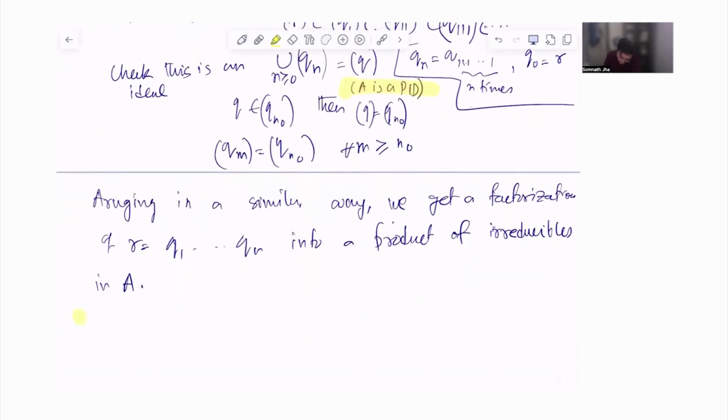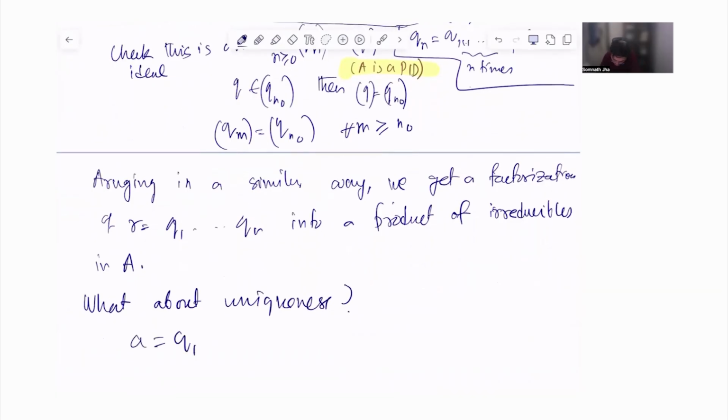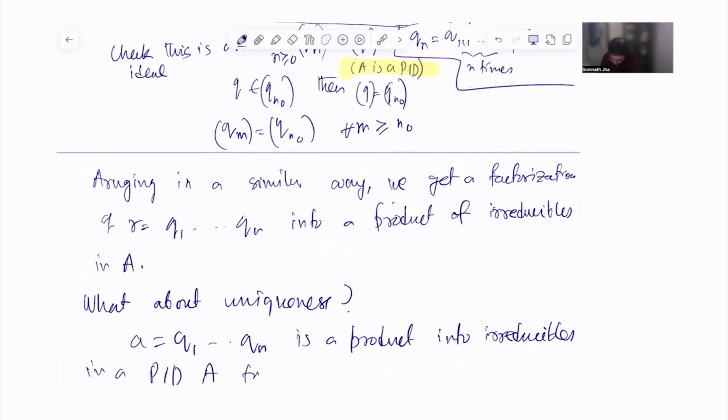And what about uniqueness? Suppose a equals Q1 through Qn is a product of irreducibles in a PID A, for a non-zero non-unit element a.